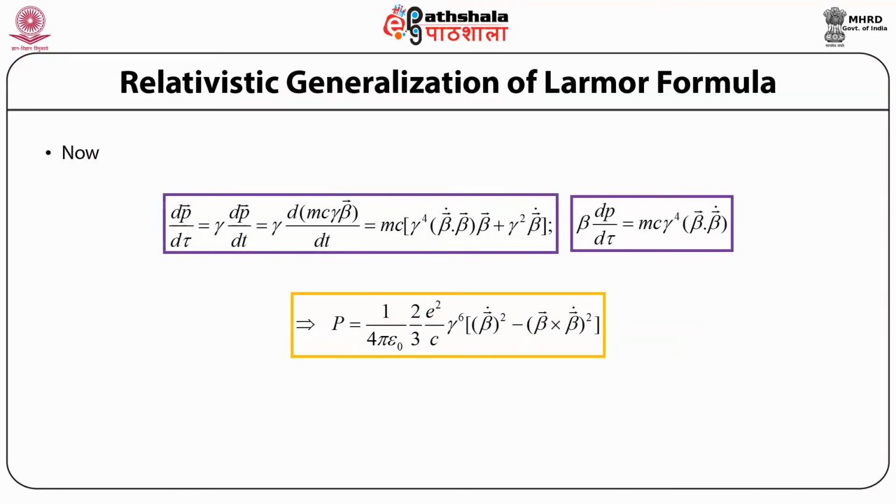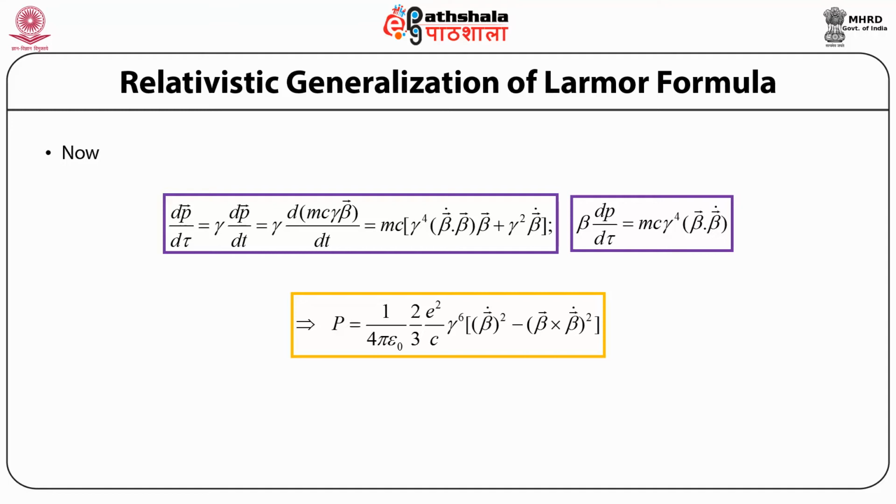Now dp by d tau equals gamma dp by dt, equals gamma d of (mc gamma beta) by dt, equals mc [gamma raised to power 4 into (beta dot beta) into beta plus gamma square into beta dot].